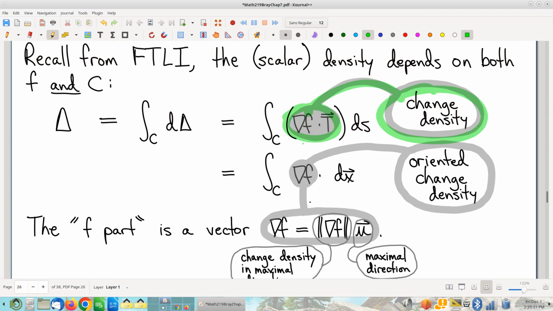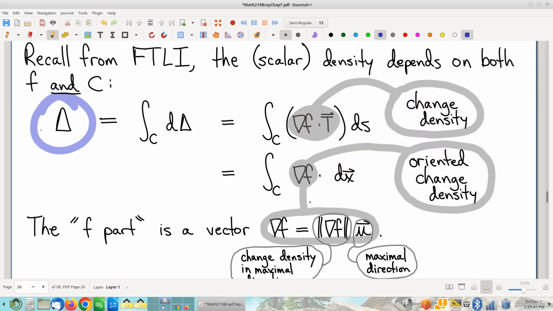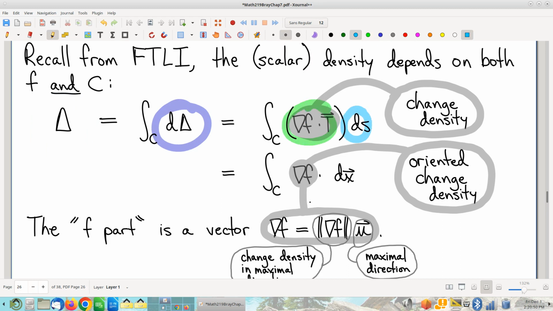And what we did is we observed that if you take that orientation, combine it with the ds to make a dx over here, then instead of thinking of quantity as being scalar density times scalar size, we're going to instead think of it as being oriented density times oriented size.